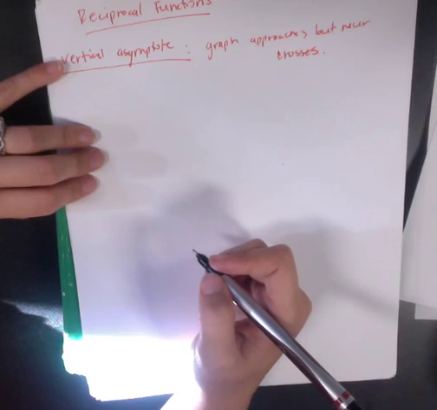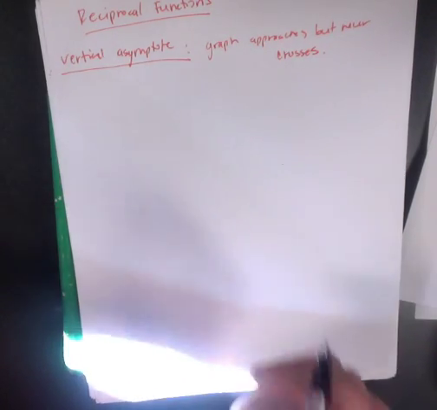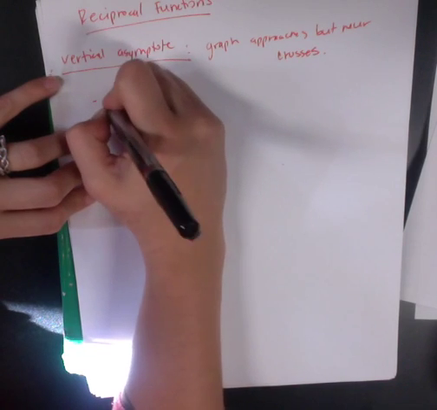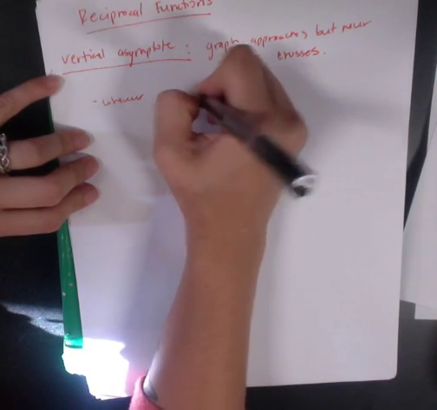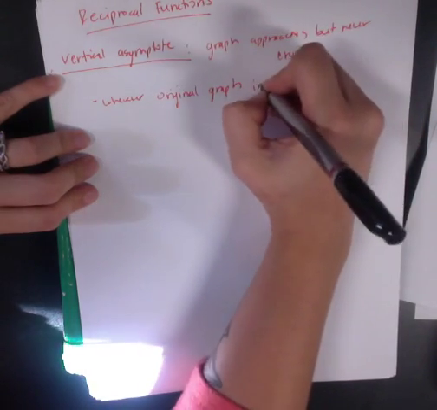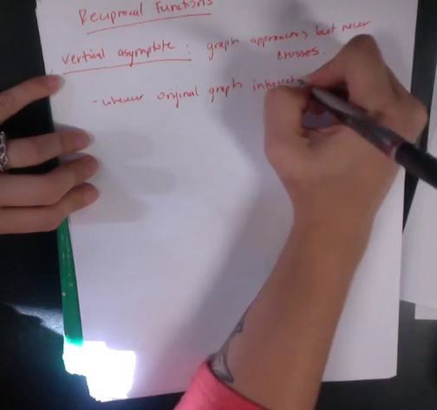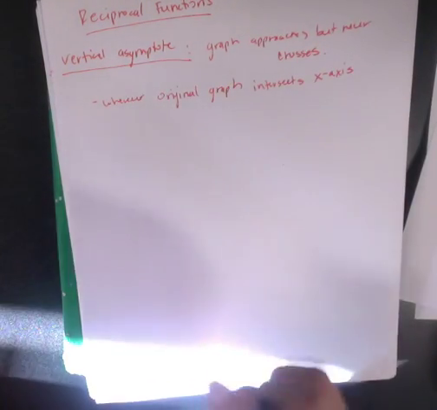And in a reciprocal function, it's wherever the original graph intersects the x-axis, which I'll show you an example.